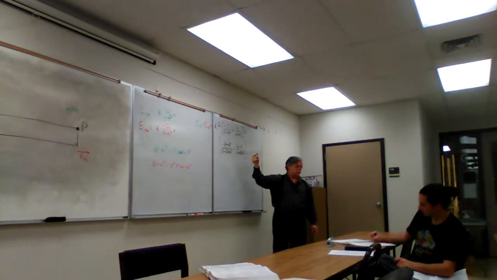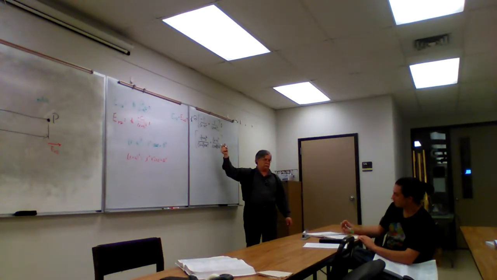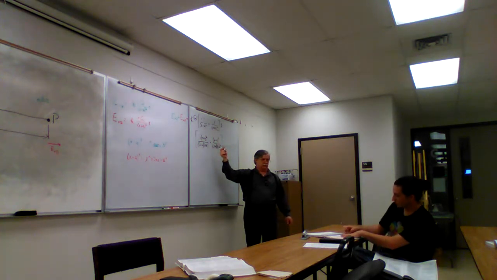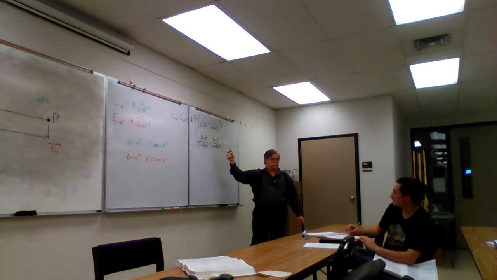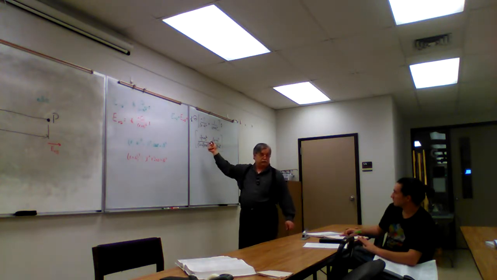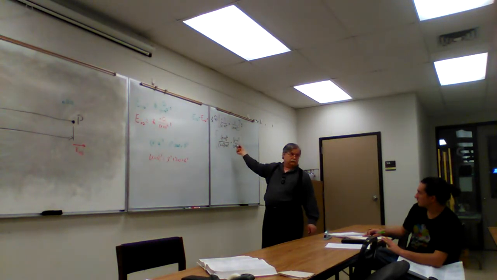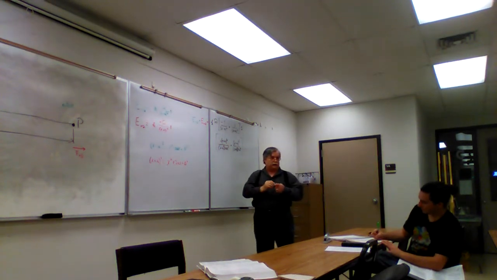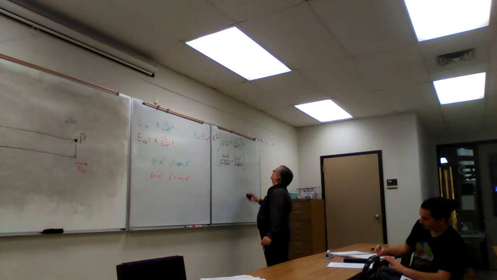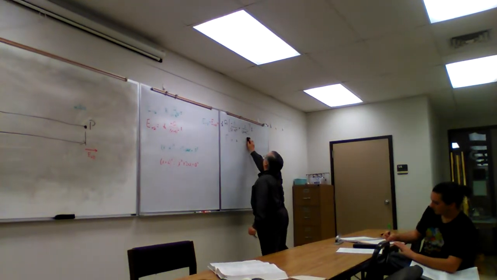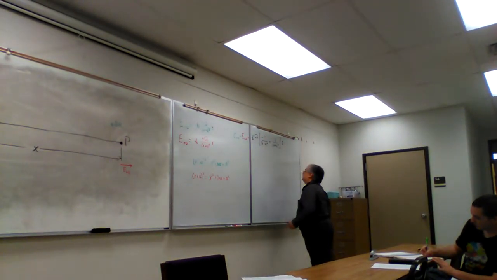Does anyone have any questions about how I got this? Because I know I kind of skipped over a step or two, but does everyone understand what happened here? Does anyone not understand how I went from this to this? Okay, no problem. Let's just stop right there. I'll back up and I'll take it in smaller steps.